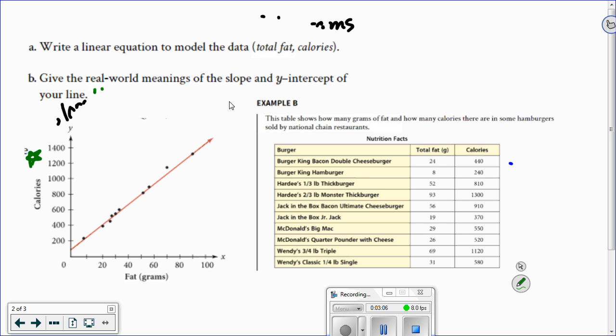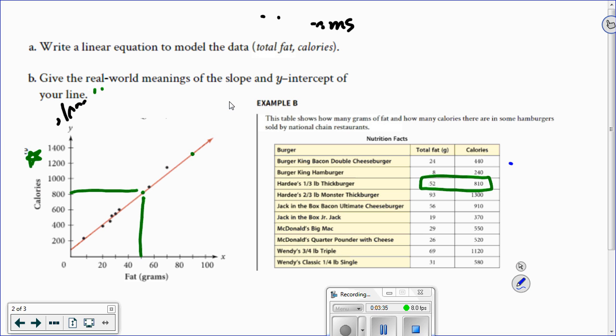I'm going to take 2 points that look like they're pretty clearly on the line. I'm going to go with this one right here and this one right here, because those are right on my line. Can I match those up with my table values? It looks like this one right here is somewhere around 50 grams of fat, so x is about 50, and y is somewhere around 800. So this is the ordered pair, that point right there.